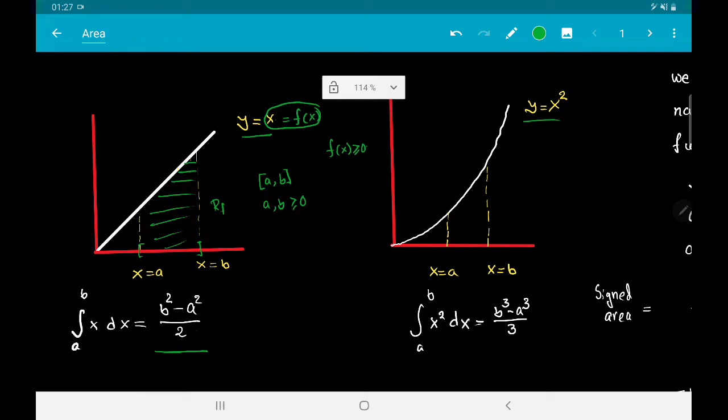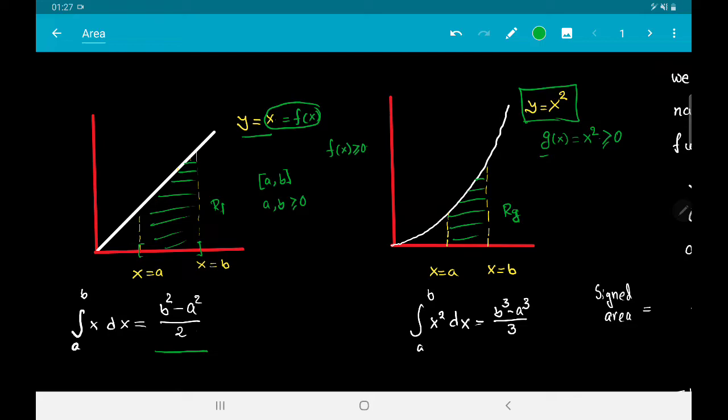Let us have a look at the next example, which is given by y equal to x square. So if we call this function g(x), so g(x) equal to x square, we may easily see that in this case g(x) is always bigger than or equal to 0 irrespective of whatever interval that we choose. And we want to, of course, compute the area shaded in green here, which we call Rg, because we have given the name g to this function x square.